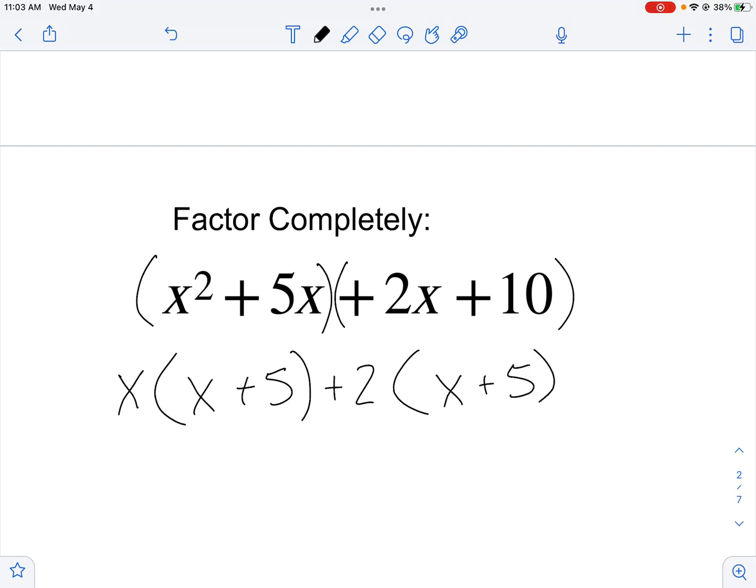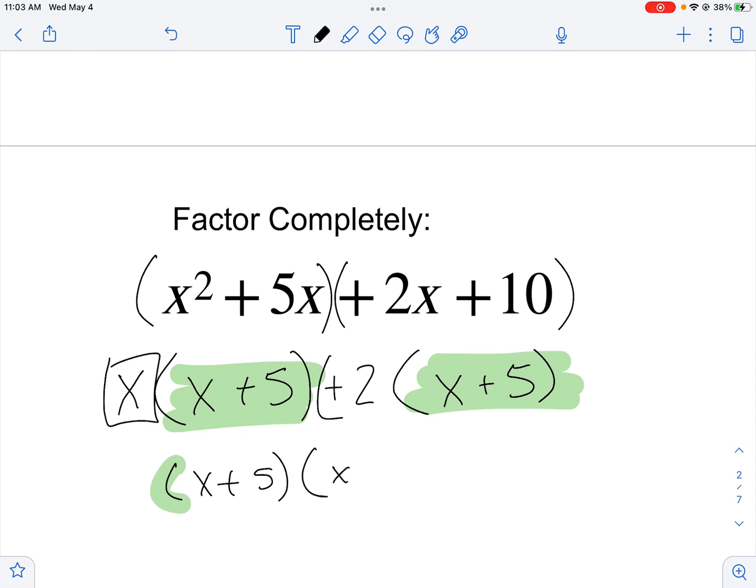Now, if we did this correctly, these should be the same. If not, that's okay. Just check again. Make sure you divided by the greatest common factor. If these are the same, we write them once, and we write what's left over, which is x and positive 2.